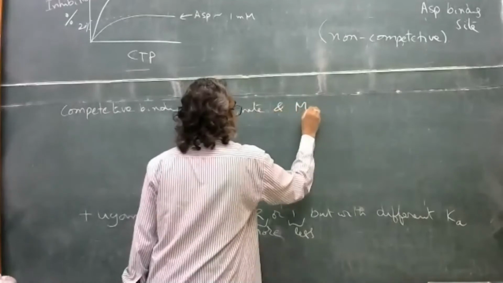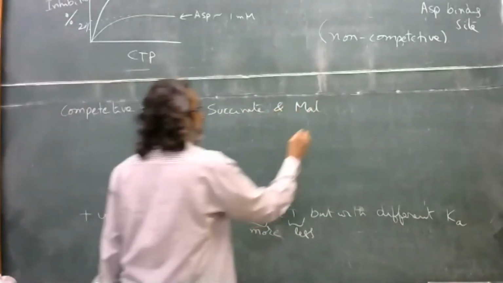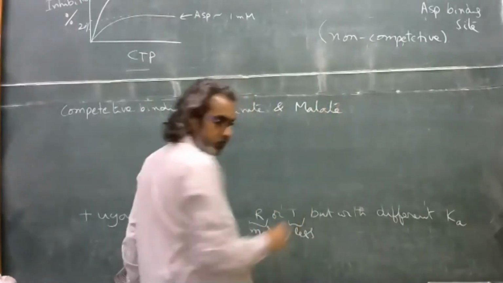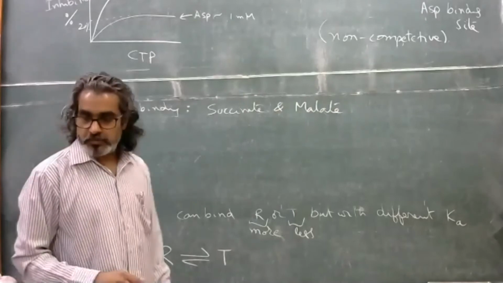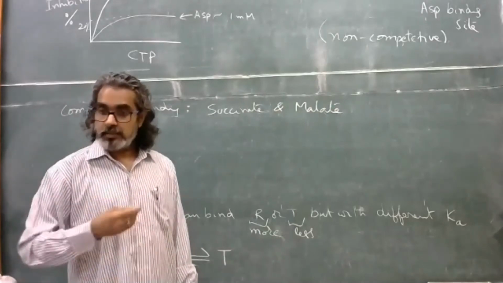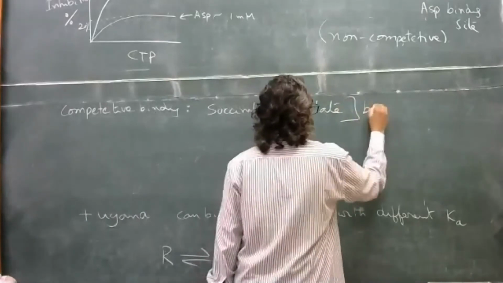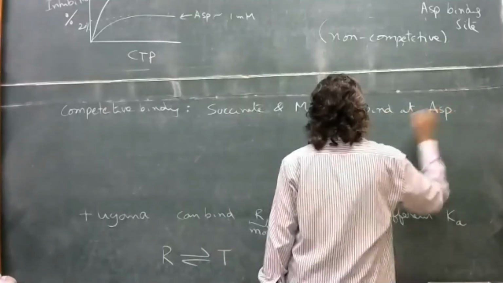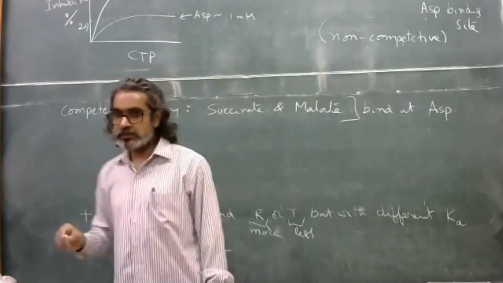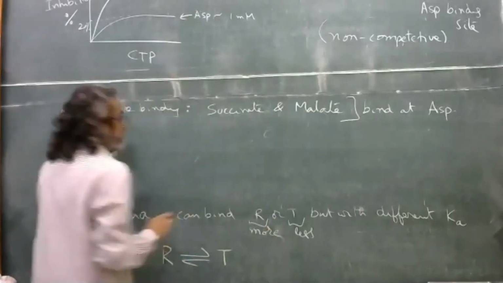These are the two molecules which look a bit similar to aspartic acid and can bind at the aspartic acid site. So these are competitive binders.